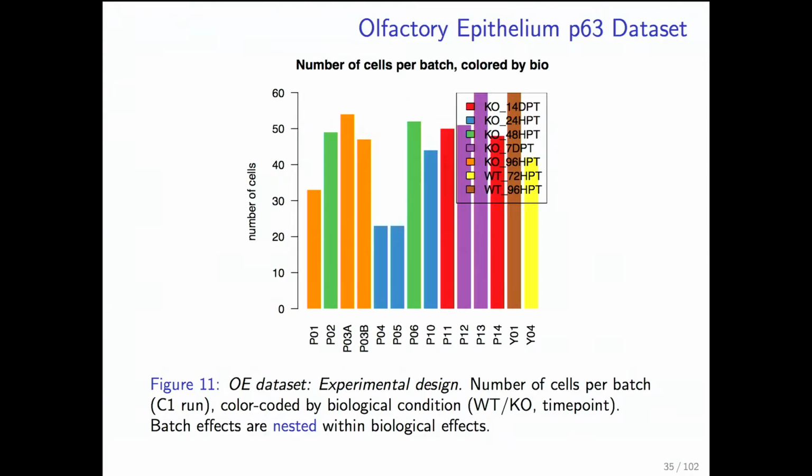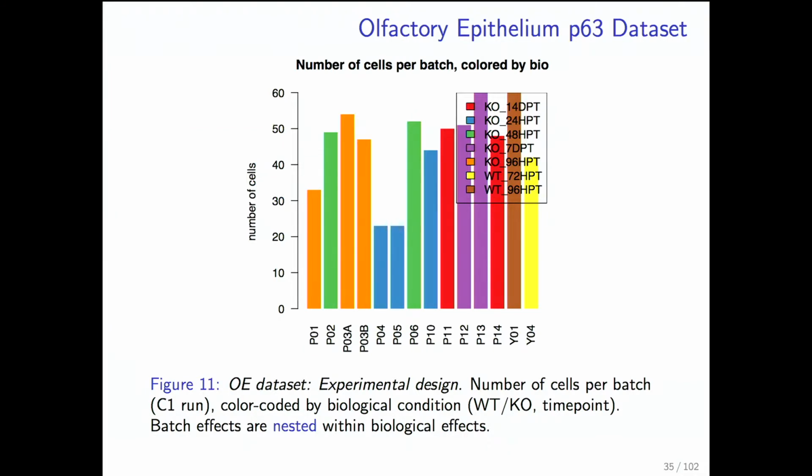So this diagram here summarizes the design of our olfactory epithelium experiment. It's a bar plot of the number of cells per batch. And here a batch is a C1 run. And the bar plots are color-coded by the biological condition. The biological condition refers to whether the mice were wild type or knockout, and the time point after tamoxifen treatment.